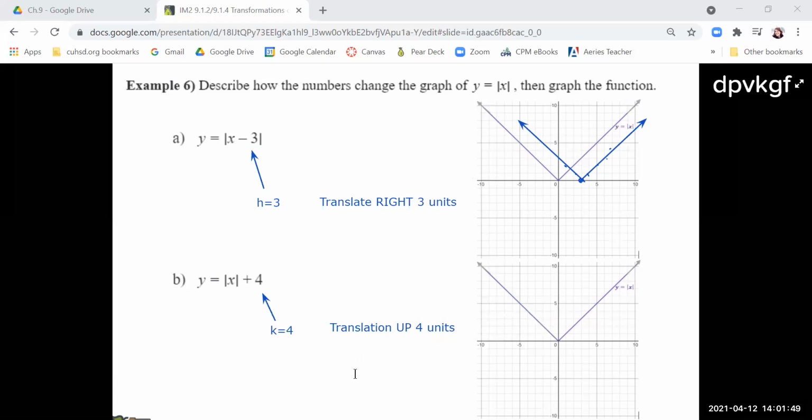So I do the same exact thing, except now we move up 4. And again, my slope to the right is 1. So it's up 1 over 1, up 1 over 1, up 1 over 1, and I mirror it on the left, and then draw in my lines.